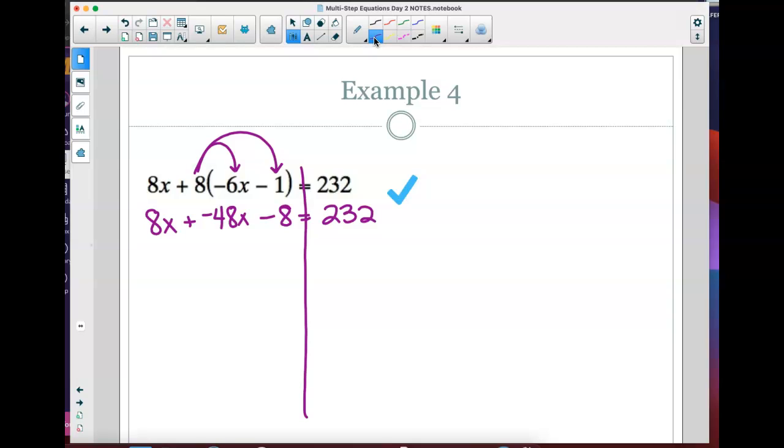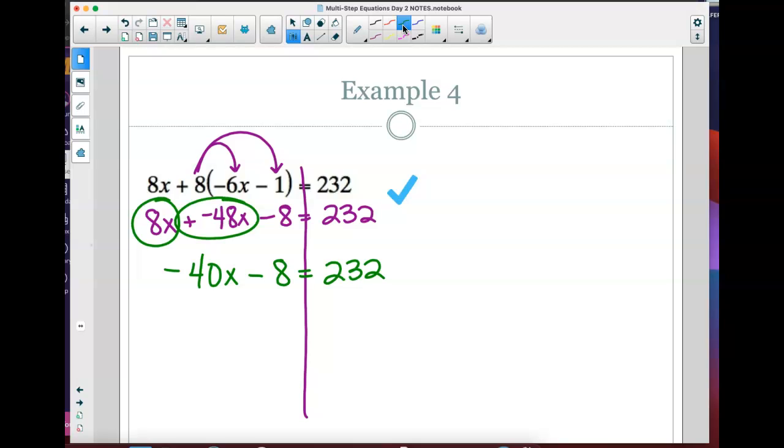Okay, I distributed. What's the next step? First step is distribute. The second step is combine like terms. So I can put the 8x and the negative 48x together. That's negative 40x minus 8 equals 232. And now I have to finish solving. I'm going to keep the variable and best friend together, get rid of the minus 8.